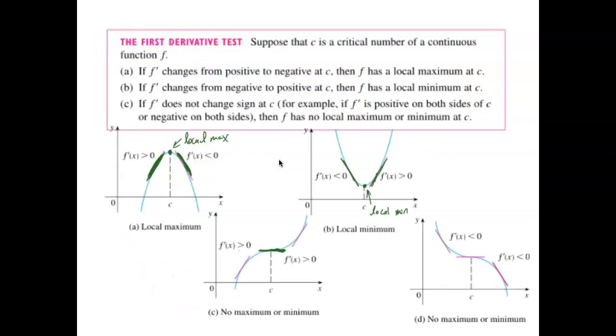So it goes from positive to 0 to positive. Then there is no maximum or minimum at c. Same idea if it goes from negative to 0 to negative. Then there is no maximum or minimum at that critical value c.